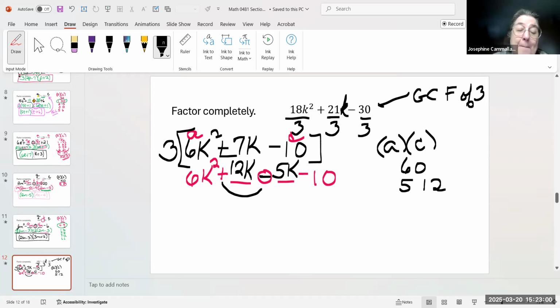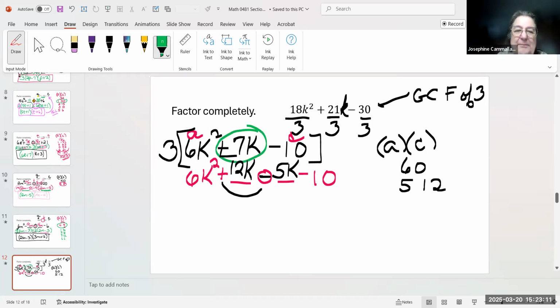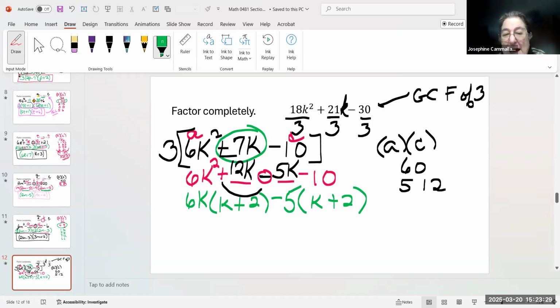The 5 must go there. Because the two blanks have got to give me a positive 7. Well, this gives me 6k, which is k plus 2. Now remember, I want a k plus 2 here, which means I'm dividing out by negative 5.